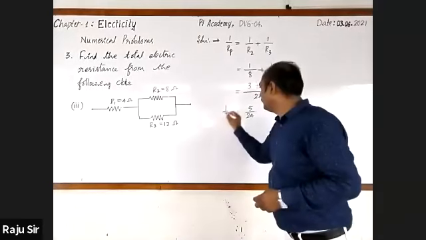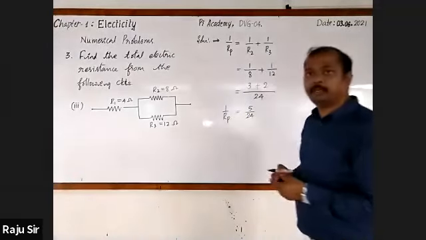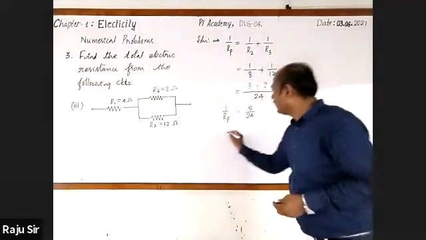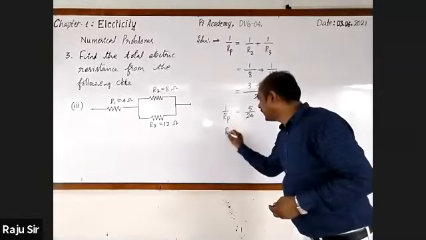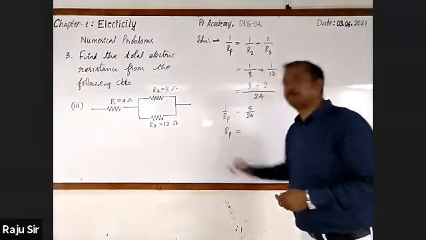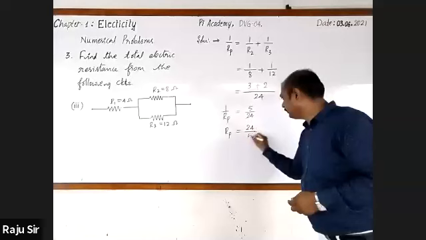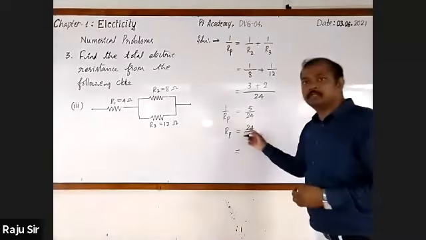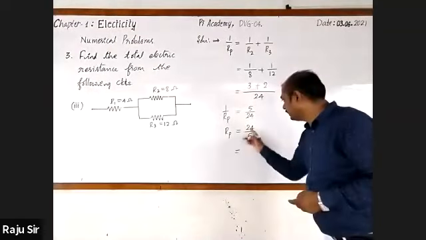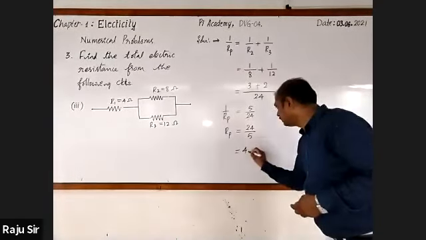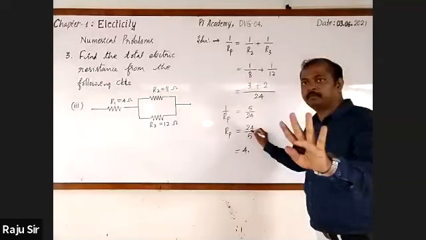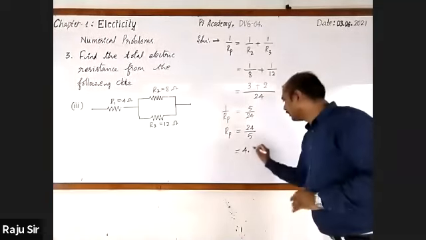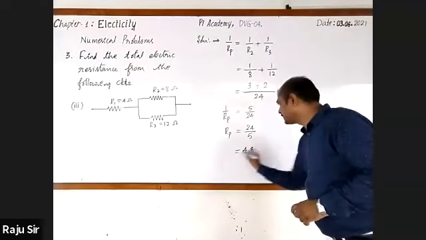1 by RP is equal to 5 by 24. The reciprocal of 1 by RP is RP, and the reciprocal of 5 by 24 is 24 by 5. Cancel it, because it will be terminating. 5 fours are 20, 4 will remain, it becomes 40. 5 eights are 40.